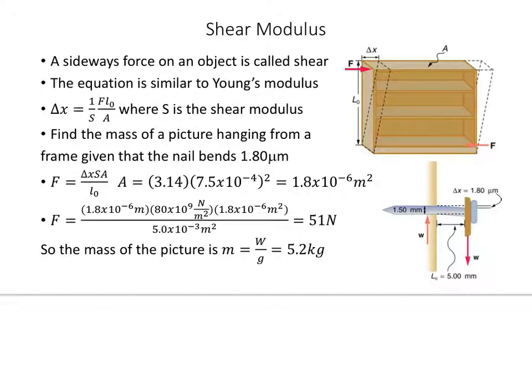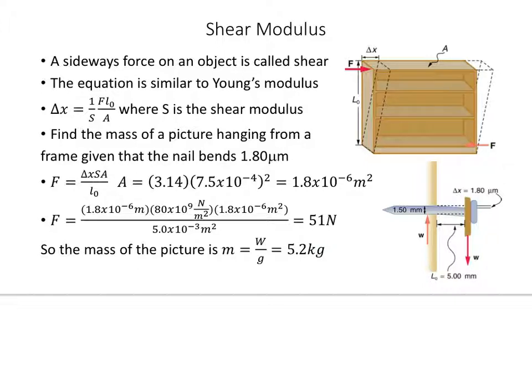And then L0 is this value right here, the length of the nail that's protruding from the wall, and that's 5 millimeters, or 5 times 10 to the negative 3. I have square meters here. That should have been meters. That's a mistake. Okay, so we run through this calculation here, and we end up with a shearing force of 51 newtons.